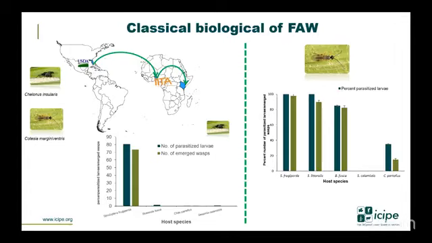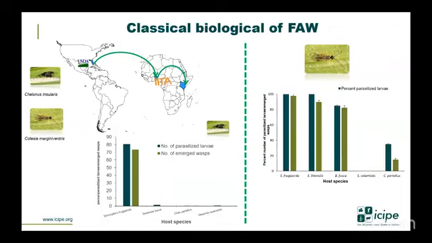First of all, to be able to release them, we need to meet the requirements of our regulatory body in Kenya. One of them is to test first whether they are effective against the fall armyworm, and whether they will also attack other related pests or other related species.